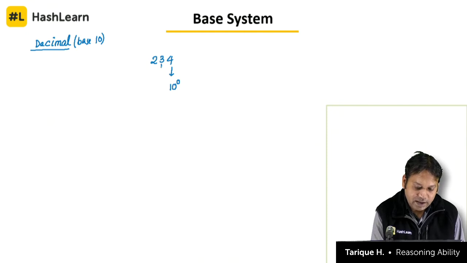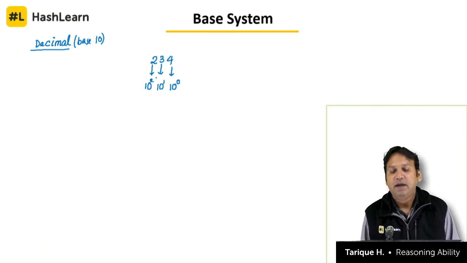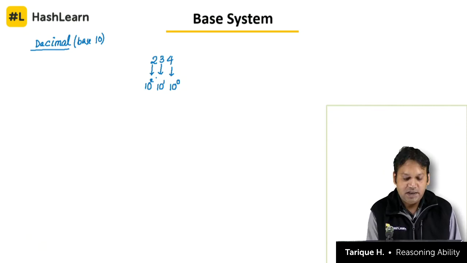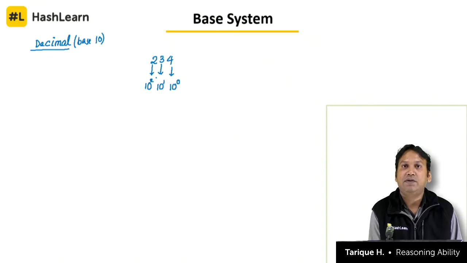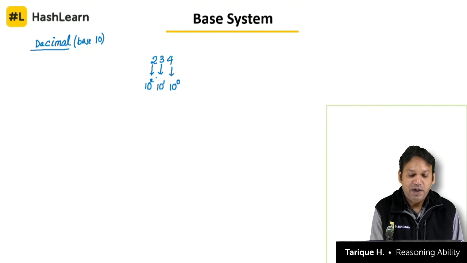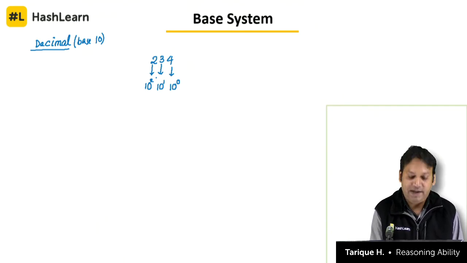The second digit has a positional value of 10 power 1, and the third one has a positional value of 10 power 2, clear? You can see how it is increasing 10 times. 10 power 0 into 10 is 10 power 1, 10 power 1 into 10 is 10 power 2, next it will be 10 power 3. Every position gives you times 10.